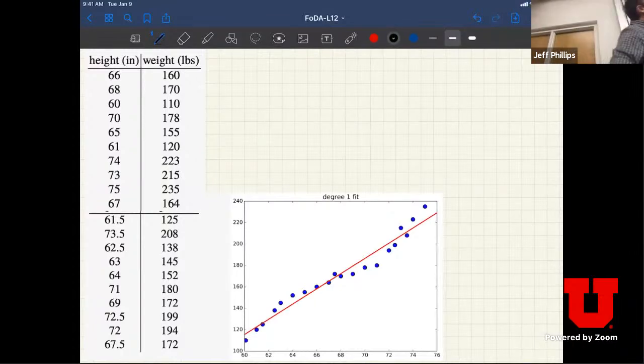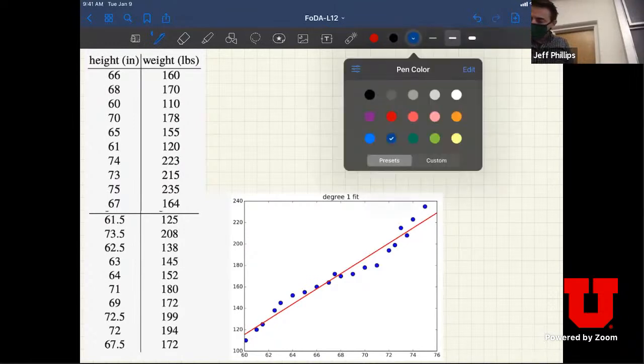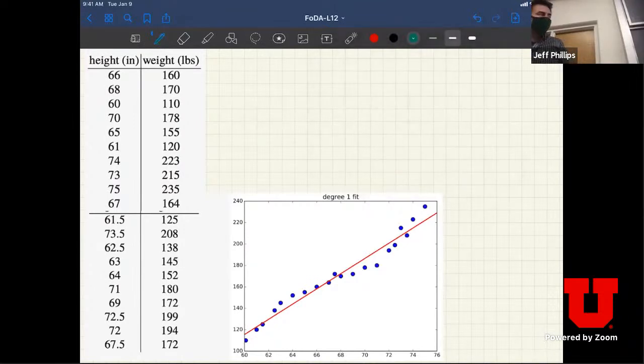This is the height and weight data I had before. I found some new data, the data below the bar, and now I've plotted this. You can see this red line, which I ran on all the data. That's my linear model. But let's say I wanted to do a degree 2 model.